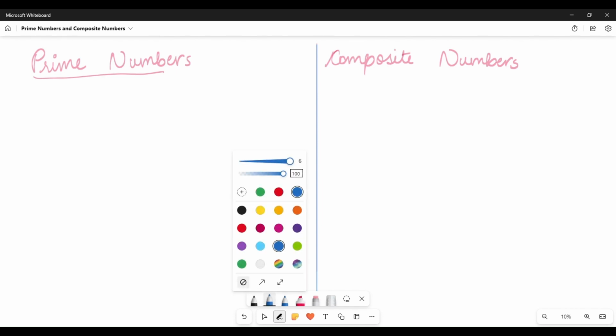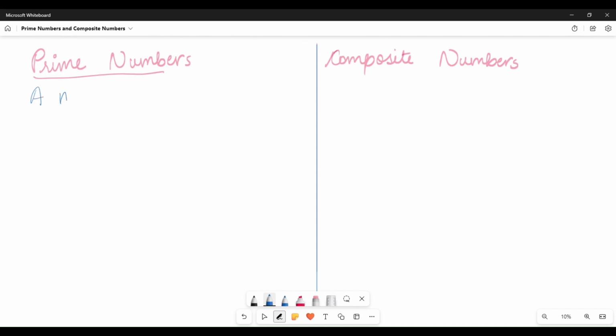Prime numbers are numbers, or I can write it as a number, having exactly two factors. And what are those factors? Two factors means the number 1 is one of the factors and the other factor is the number itself.